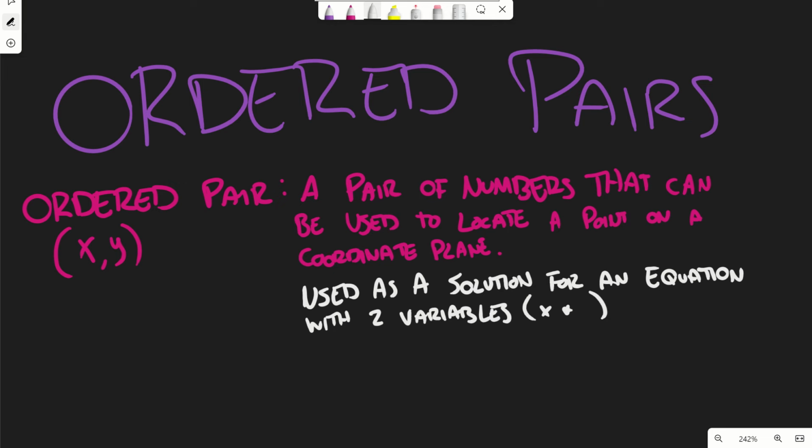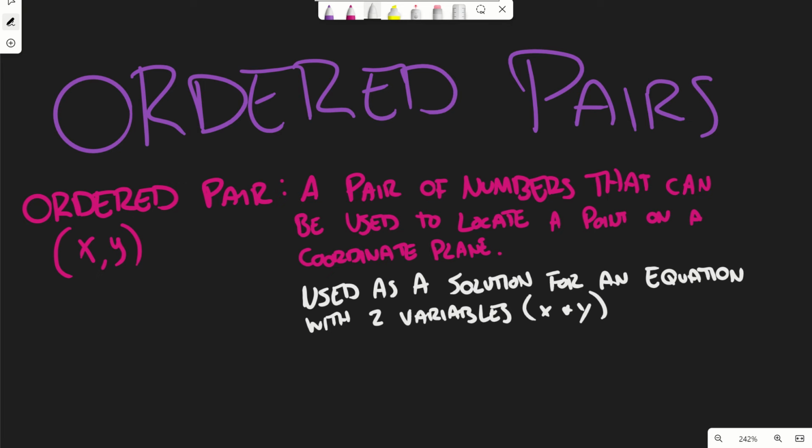So an ordered pair is a pair of numbers that can be used to locate a point on a coordinate plane and is used as a solution for an equation with two variables.